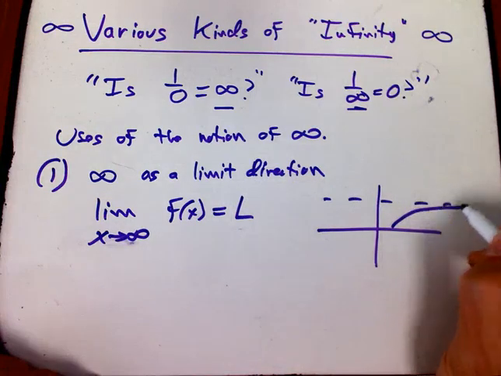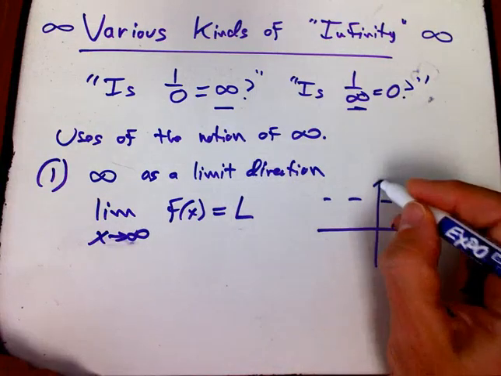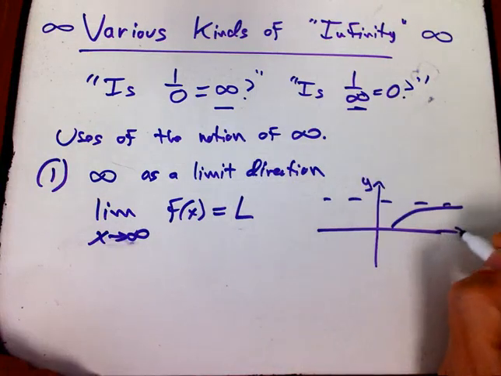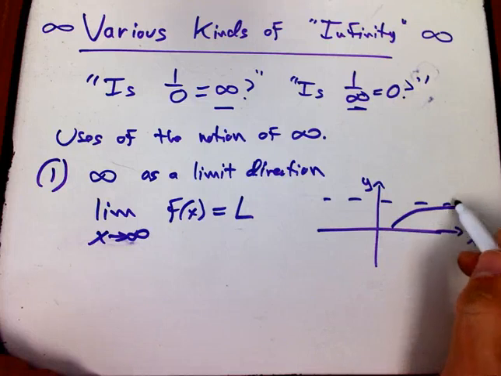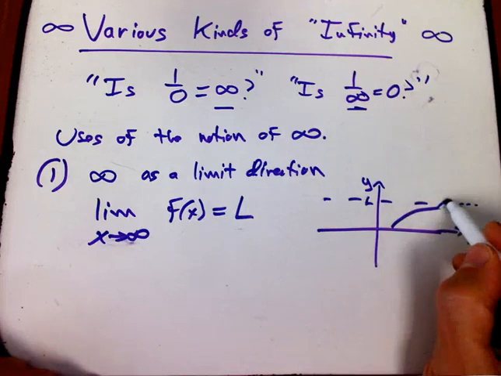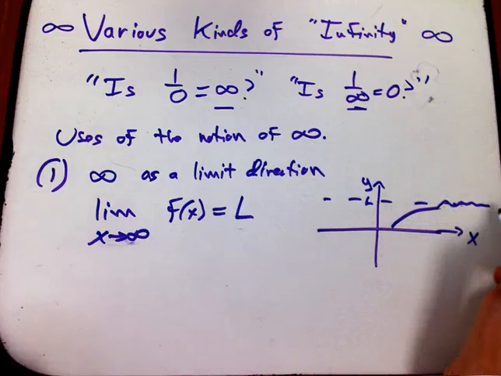It's on the right. It says that if you graph this function, as you go out to the right, you approach this height L. And you might wiggle, but you get closer and closer.